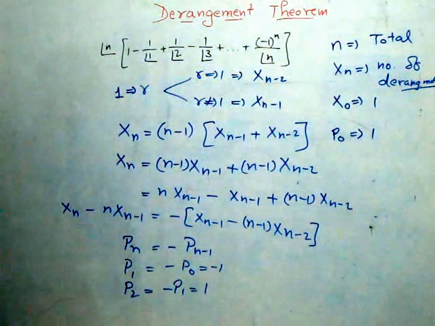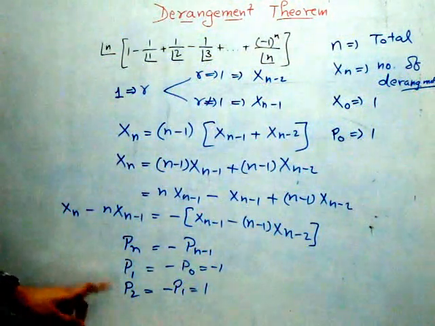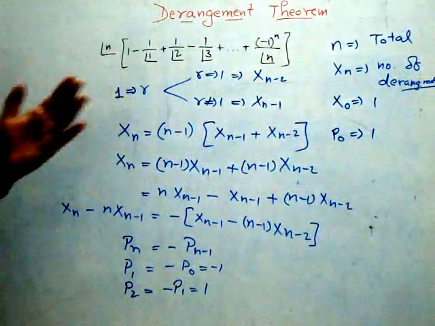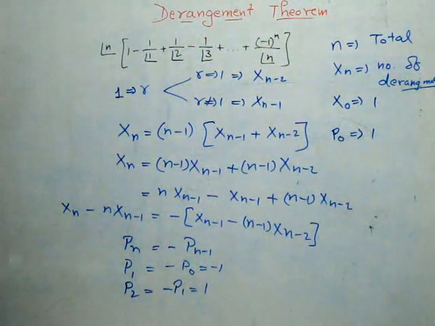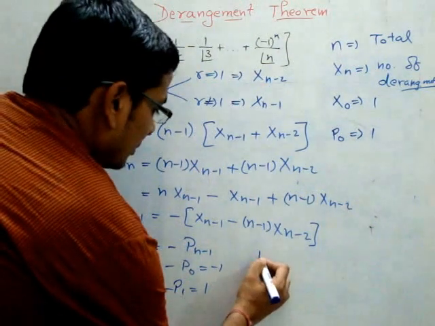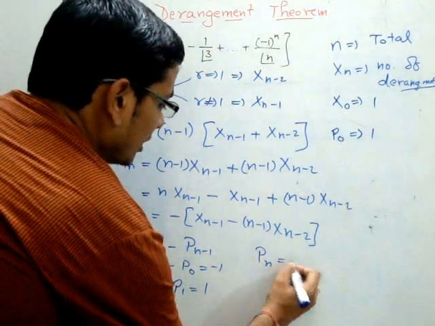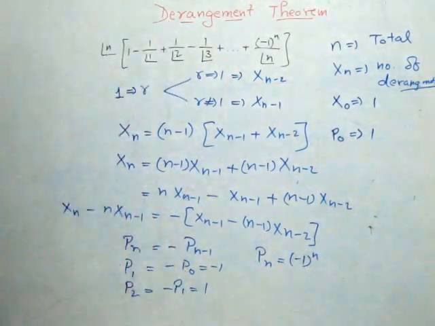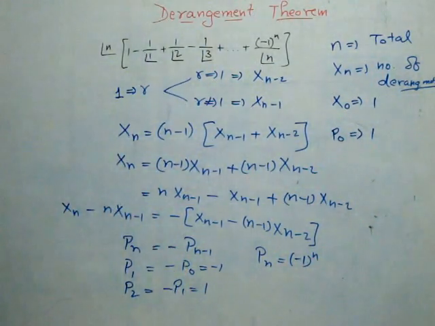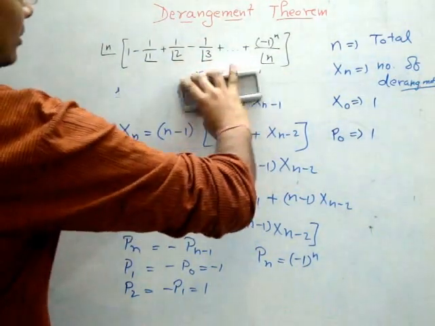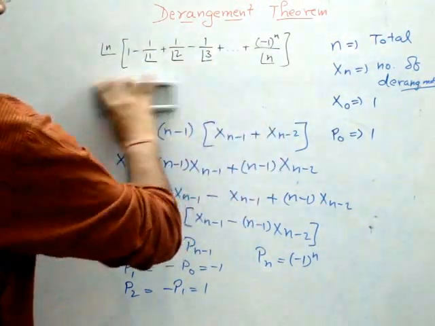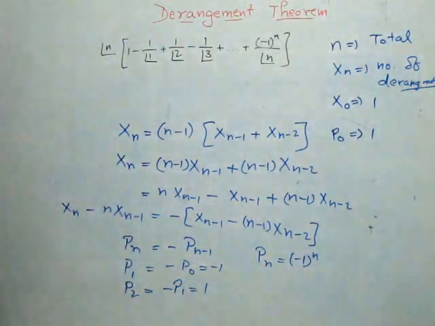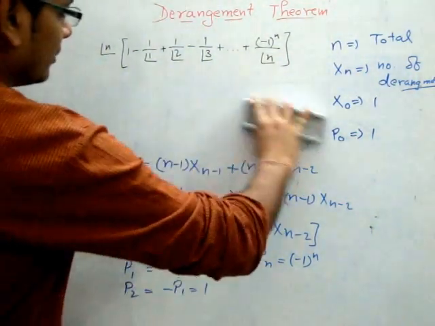So what we can say is, if P2 is equal to 1, P1 is equal to minus 1, in the same way there will be alternate plus minus plus minus. So we can say that Pn will be equal to minus 1 to the power n. Fine. Okay, let's just write it down, whatever we have done till now.